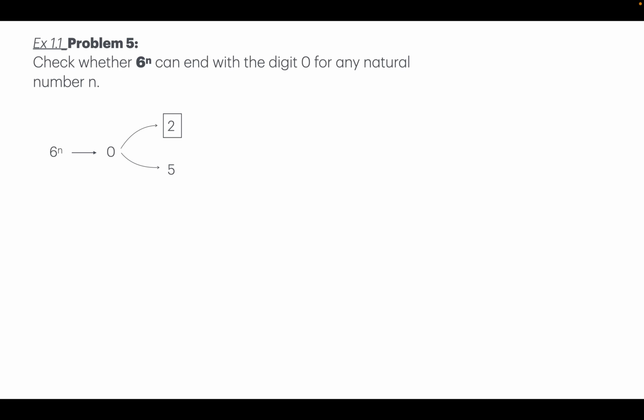And 2 and 5 are prime numbers, and by the fundamental theorem of arithmetic, you know that I can express any number as the product of primes. So if I want to express this number, that is 6 to the n, as the product of primes, then I will have 2 and 5 in its product, because these are prime numbers, and I can always express a number as the product of primes.